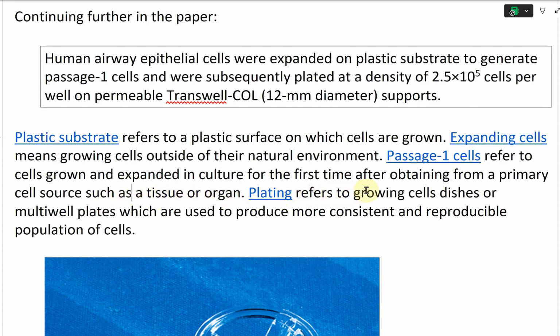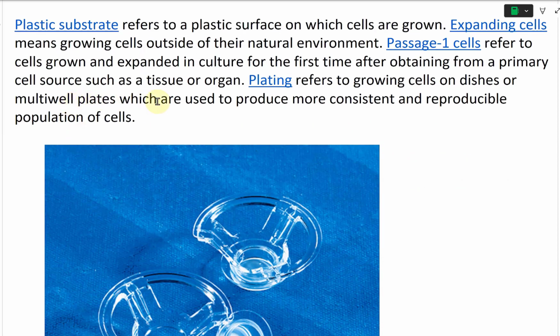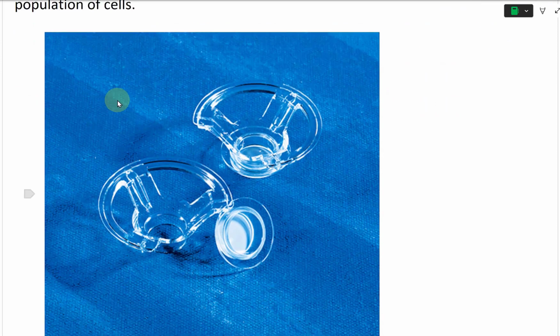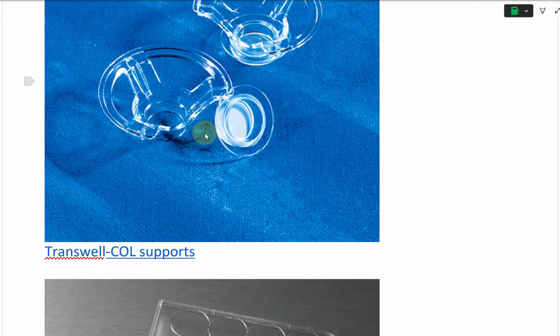And plating refers to growing cells on dishes or multi-well plates, which are used to produce more consistent and reproducible populations of cells. So multi-wells just have holes in them or tubes, very, very tiny.